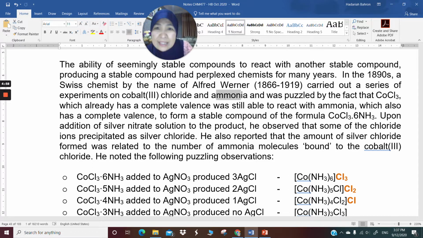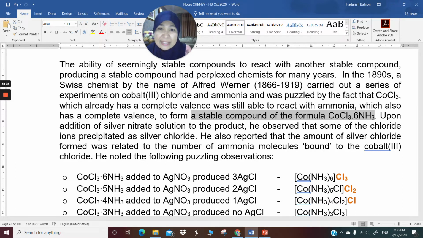However, what he could not understand is that when he added cobalt 3 chloride, which is a solid, into ammonia, which is liquid, he was puzzled by the fact that this formed a stable compound that has a different formula.